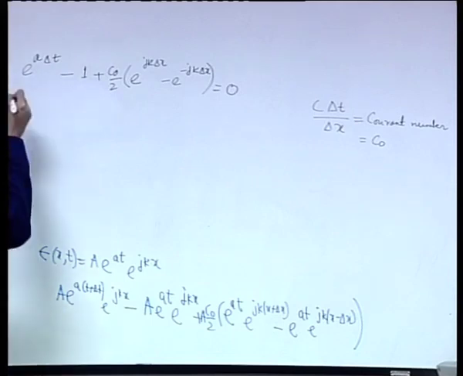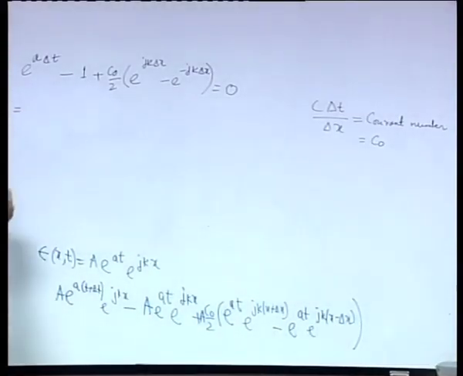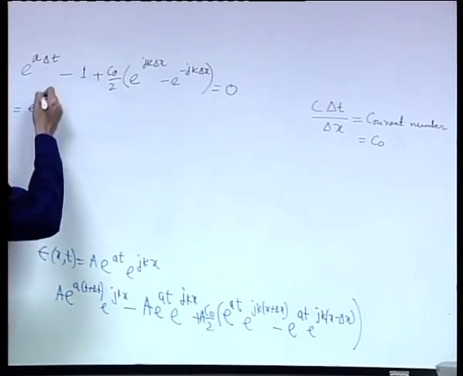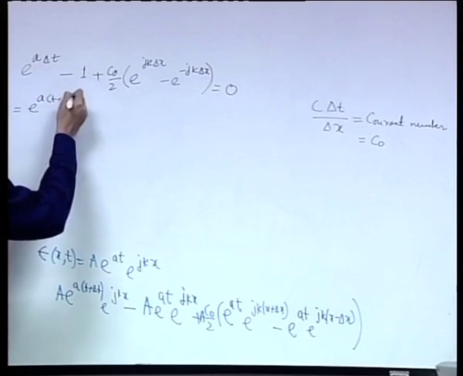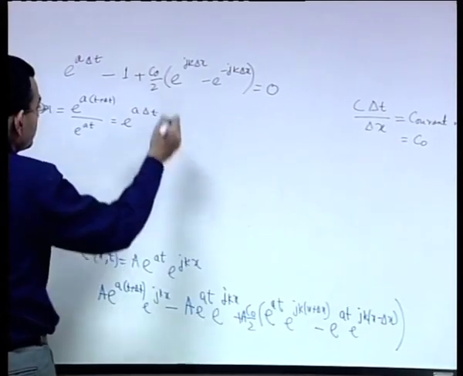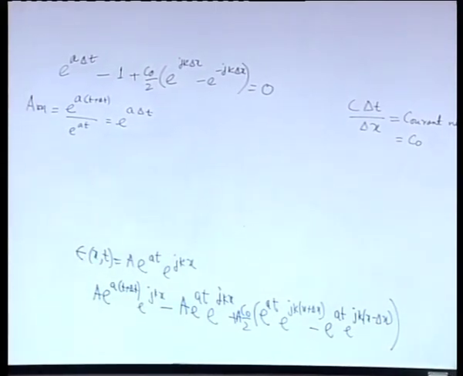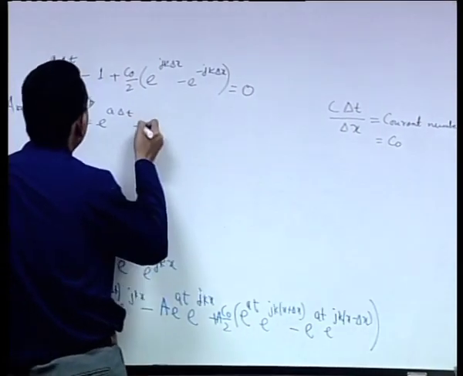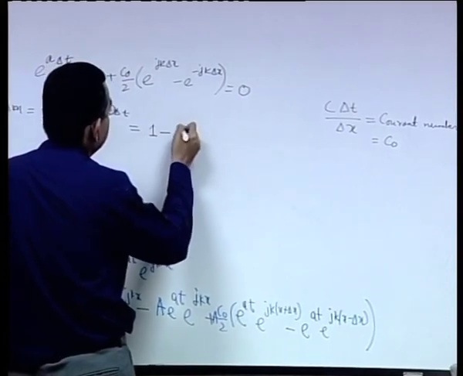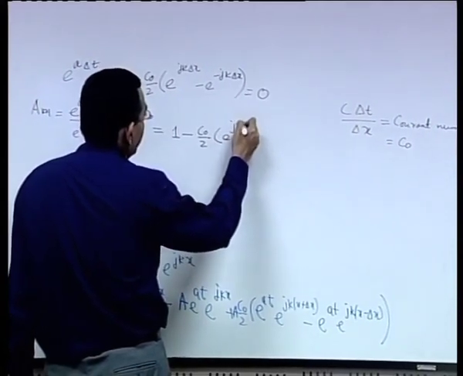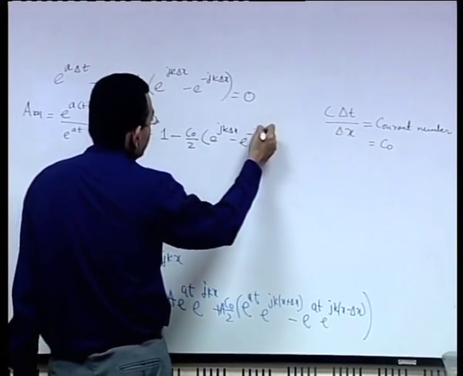Let us recall that the amplification factor, say we give it a name AM, is e to the power a (t plus delta t) by e to the power a t. So, e to the power a delta t. So, this is equal to 1 minus C0 by 2 times e to the power j k delta x minus e to the power minus j k delta x.